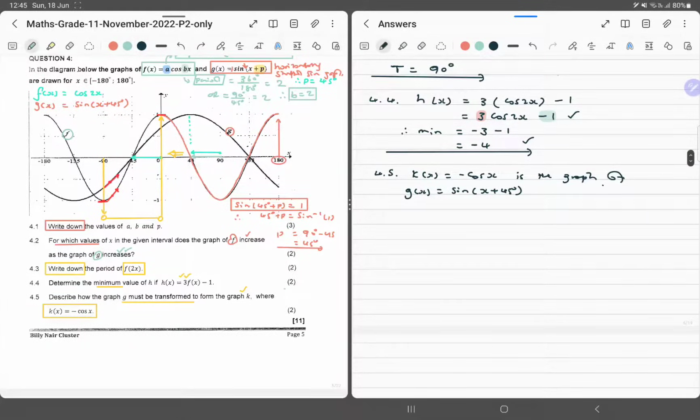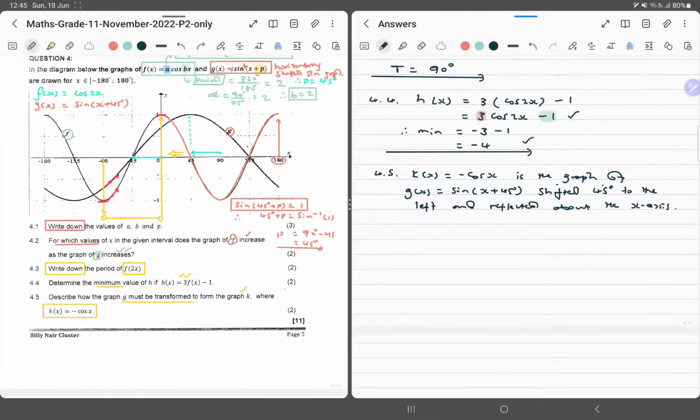So this is going to be the graph of g of x equals that shifted 45 degrees to the left and reflected about the x-axis.